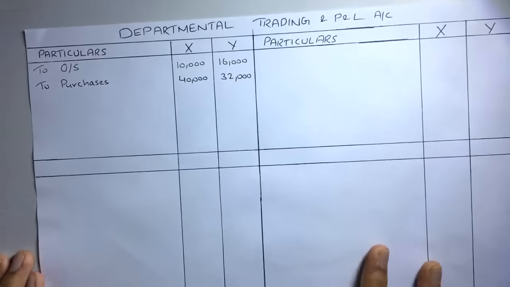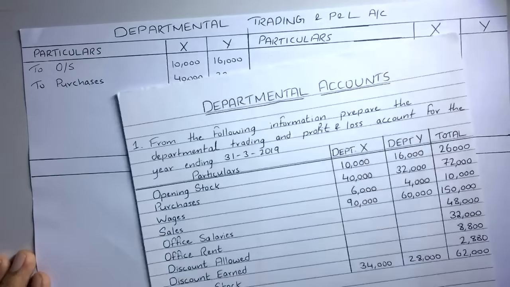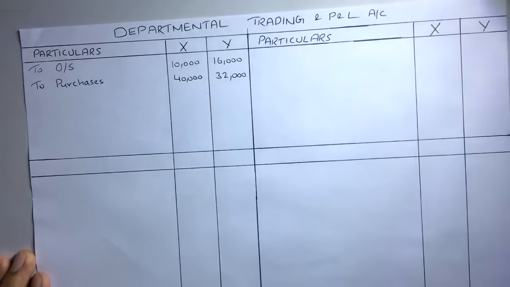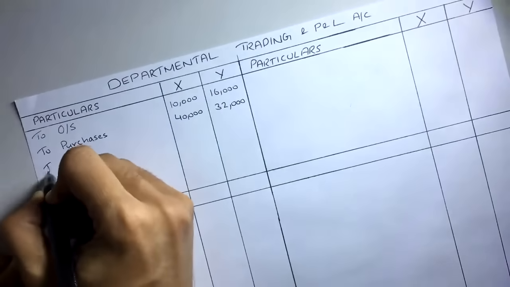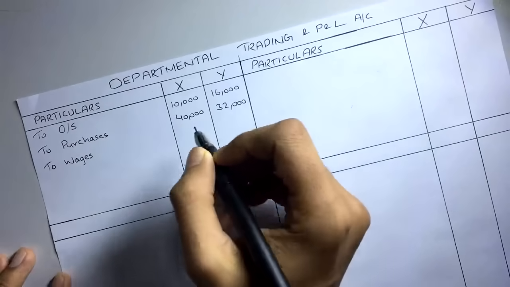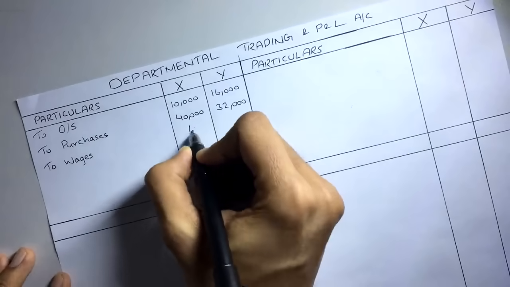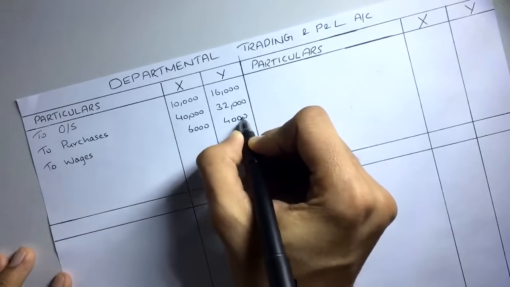Then next we have wages. We have wages of 6,000 and 4,000. Now wages are direct expenses, so they will come in the trading account. They will be debited. Wages are an expense, right? So wages will be debited 6,000 and 4,000. Simple.